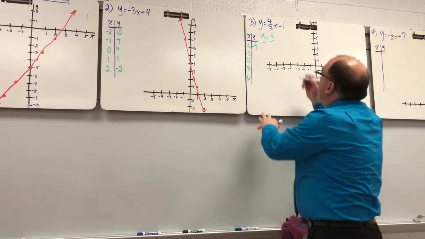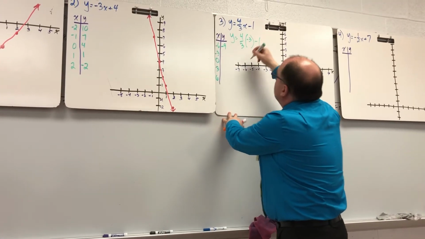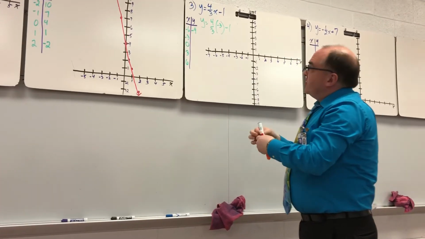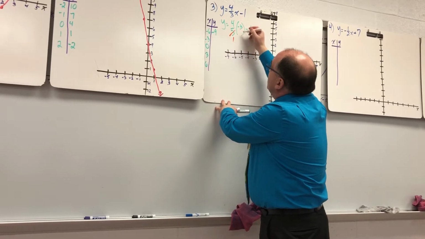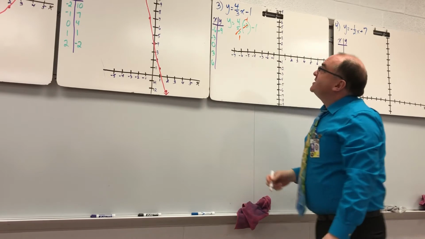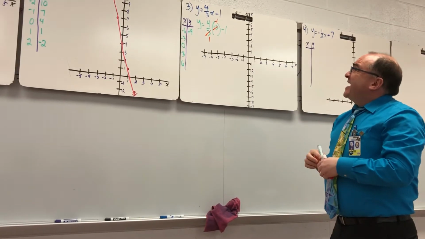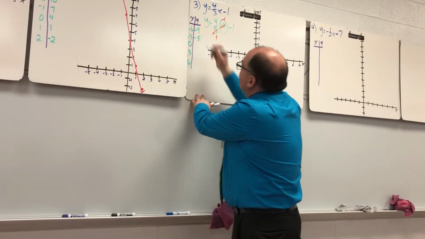What happens when I put -3 in for x? 3 goes into 3 once. 3 goes into -3 -1 time. 4 times -1 is -4. -4 minus 1 is -5.